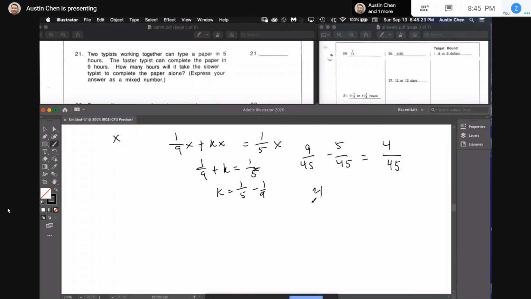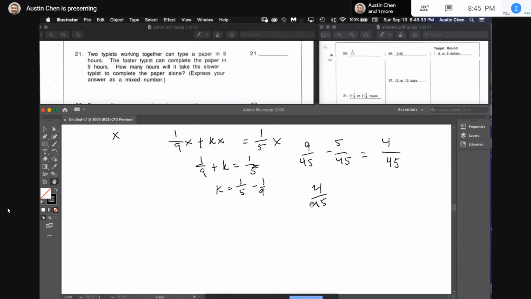So we got 4 over 45 is the slower typist's rate, right? Basically it's saying every 45 hours the typist will type 4 papers. And we want to know how many hours it will take for them to complete the paper.